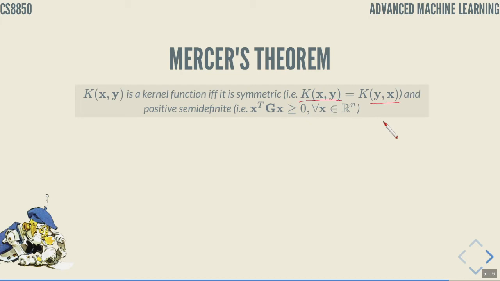Positive semi-definite, in terms of general functions, k would be defined as an integral, but for us, it suffices that for all possible combinations of data points, this Gram matrix is positive semi-definite.